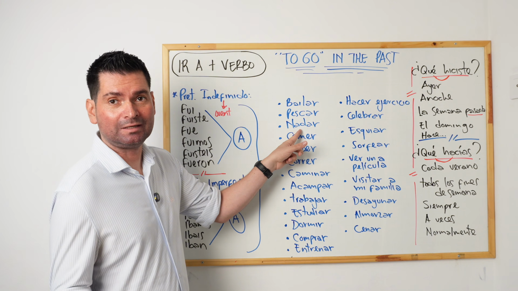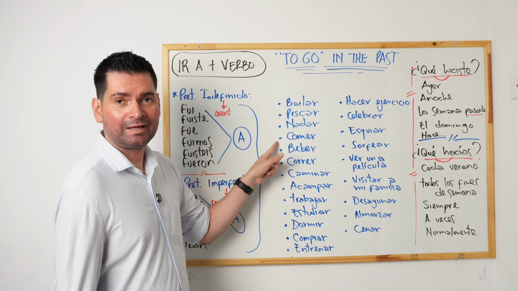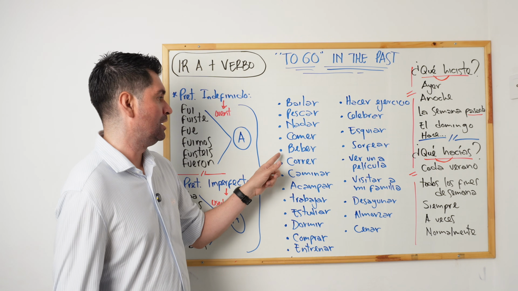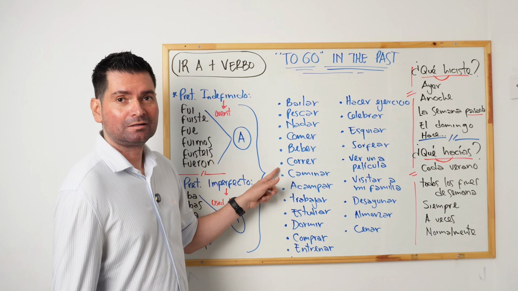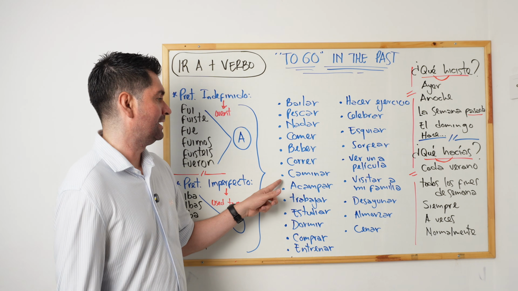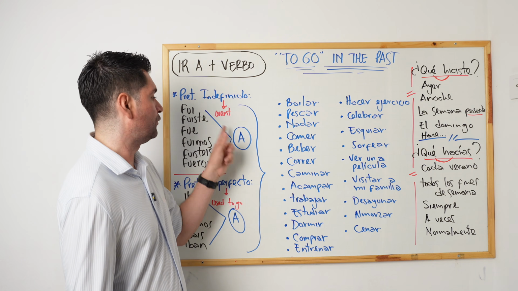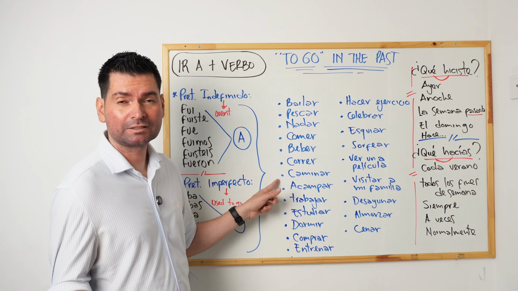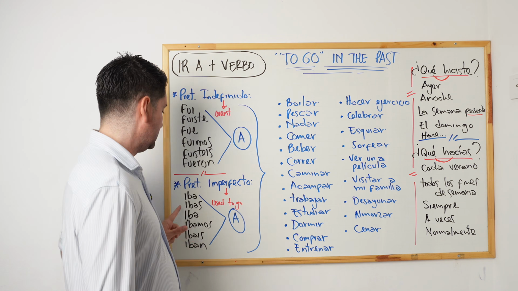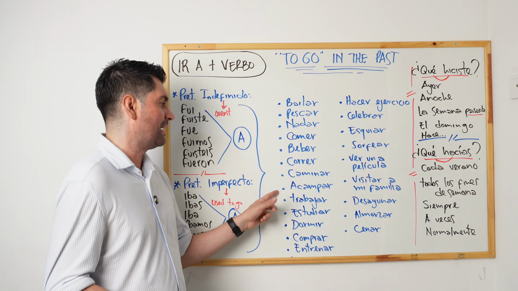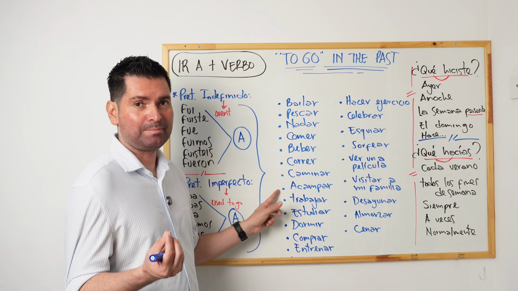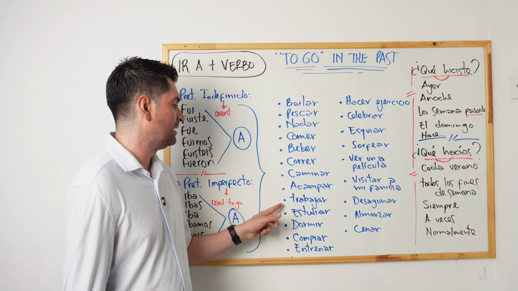Nadar, swimming. Comer, eating. Beber, drinking. Correr, running. Caminar, for example, fui a caminar is I went for a walk. Iba a caminar, I used to go for a walk. Acampar, camping.